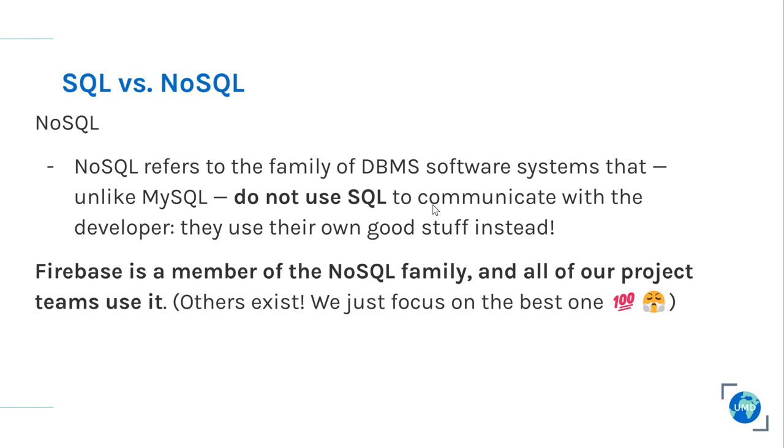Firebase has a document model, and Cassandra has a column store model. So for now, just keep in mind that Firebase has a document store model, and it is part of the NoSQL family and something that we use commonly in Hack for Impact projects.